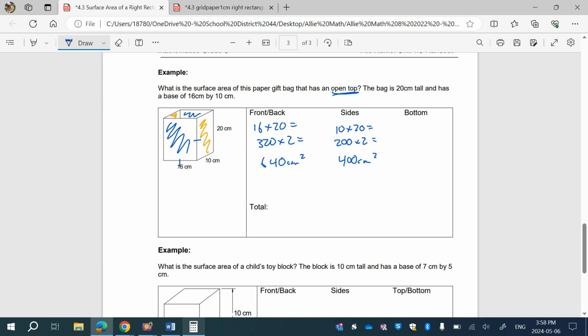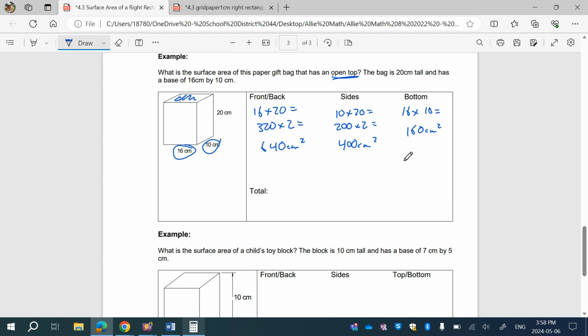And finally, it's a paper bag that's open at the top, so there's no top to this. We're going to calculate the bottom, which would be 16 times 10, and we get 160. But because there's no top, we do not double this.